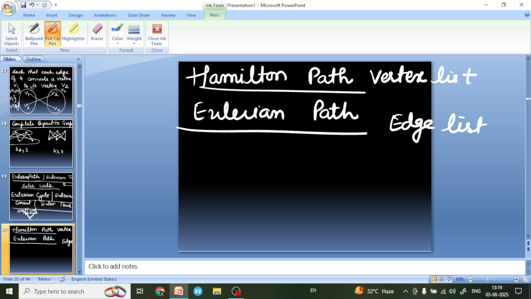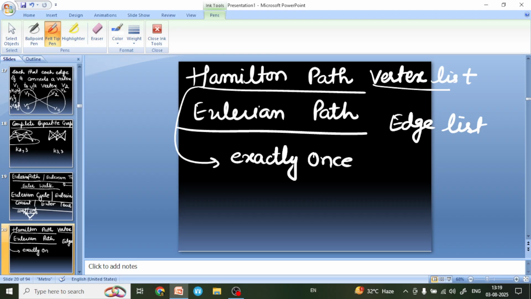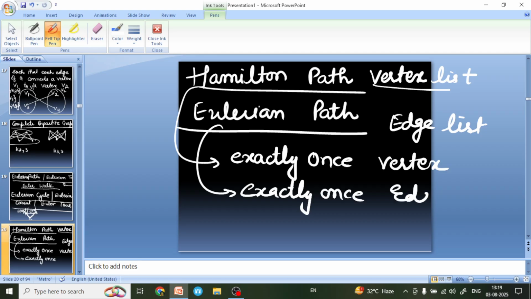It means each edge of the graph exactly once in Eulerian, and each vertex exactly once in Hamiltonian. It means an edge cannot repeat in Eulerian path, and in Hamilton a vertex cannot repeat.